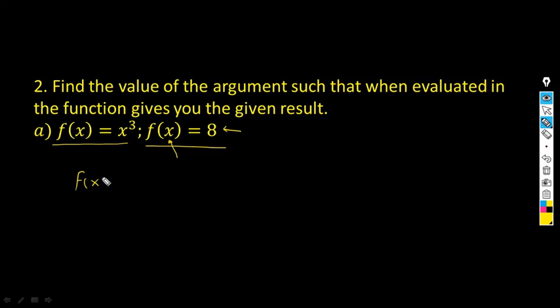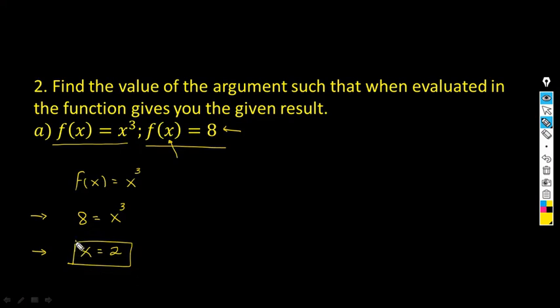I'm gonna write again the function f of x equals x to the cube, and I'm being told that f of x equals 8. So I'm gonna substitute that in here. f of x is gonna be 8, equal to x to the cube, and all I have to do next is simply solve this equation, right? And as you may know, the solution will be 2, because 2 to the cube will be 8.